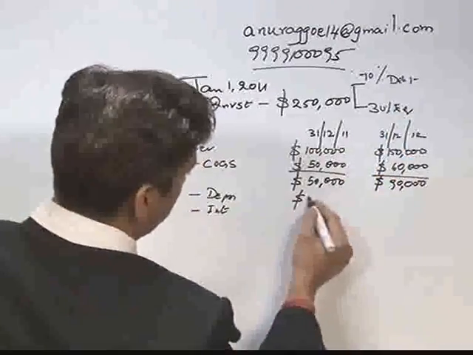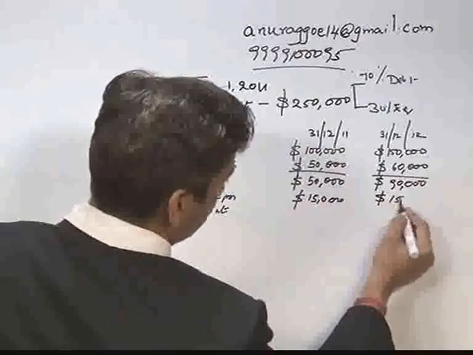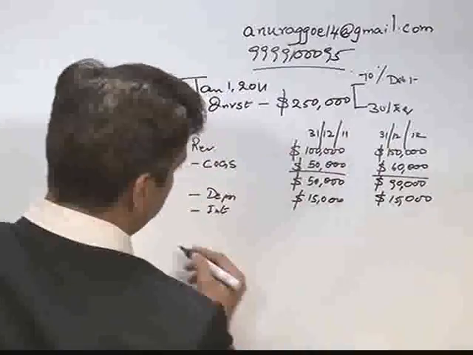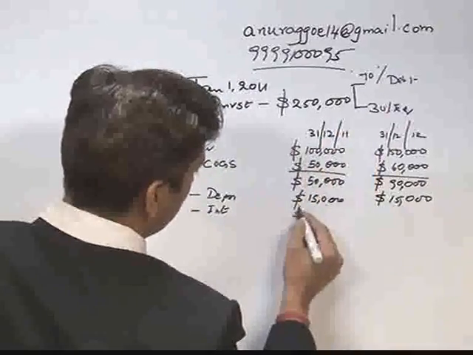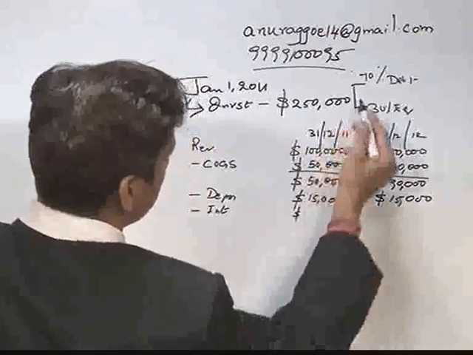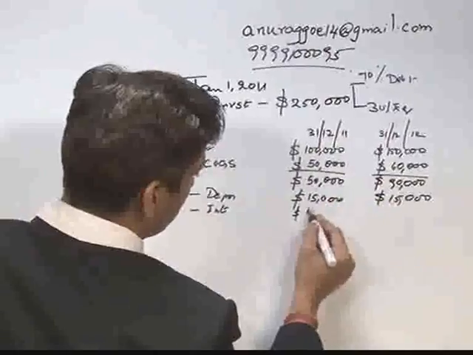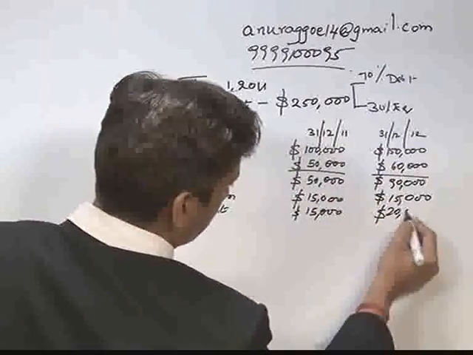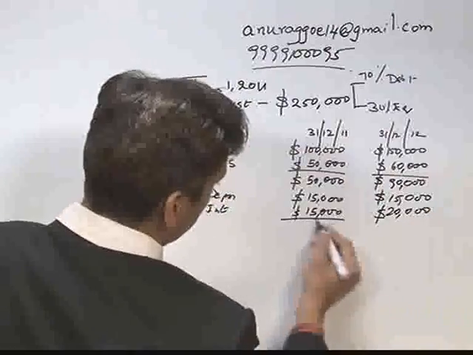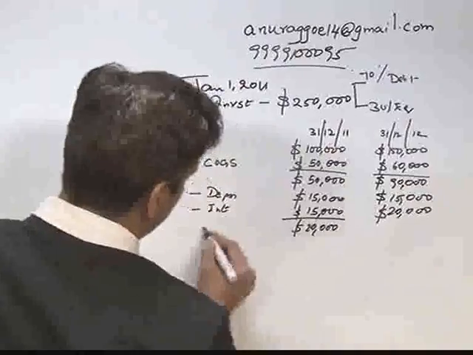I have a depreciation of 15K. Interest cost around another how much? 175 into 10 is 17, so just take this much. This gives me 20 of pre-tax.